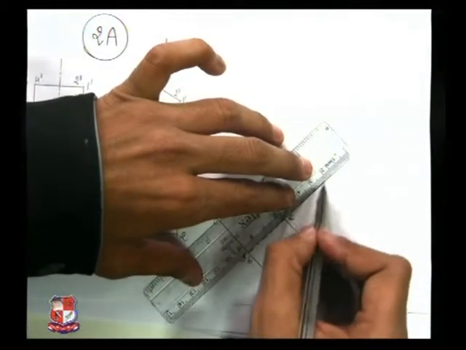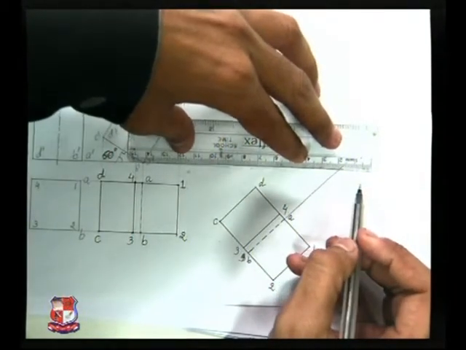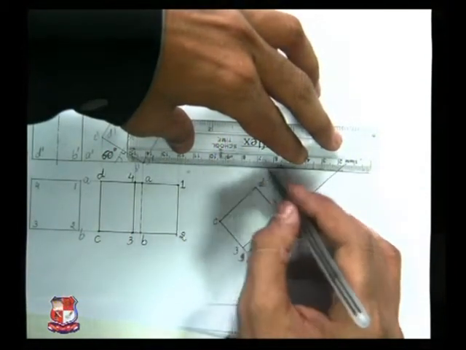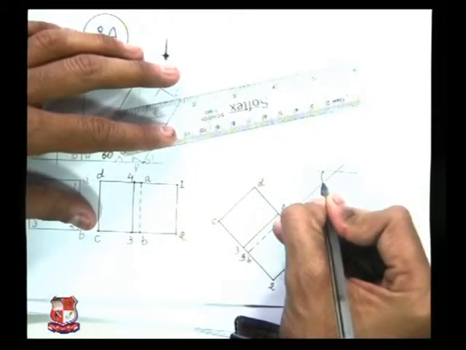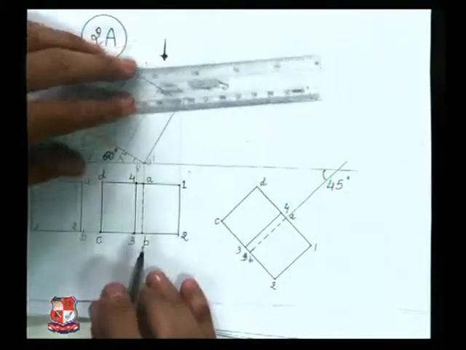You can show here this angle is 45 degree. This is an XY line, and this angle is 45 degree, which is given in the data.